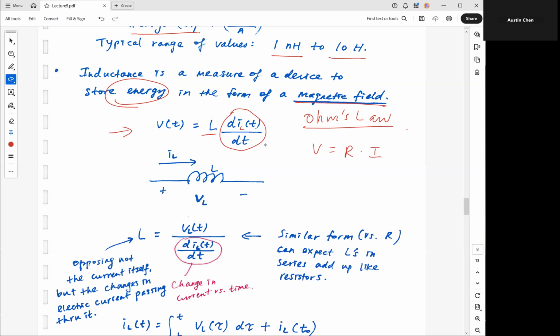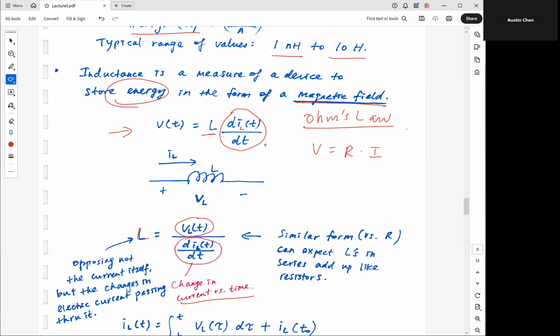So if I want to rewrite this inductance L, I can say L is equal to V over not the current I, but the changes in the current with respect to time, dIL over dt. So that's one way you can understand the similarity between this inductor and the resistor.